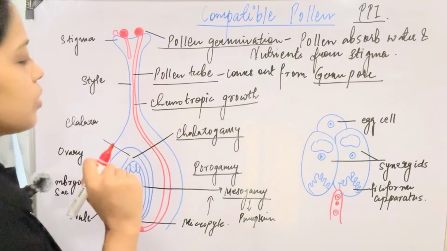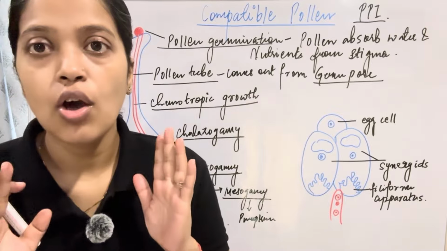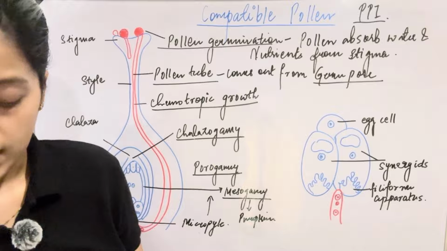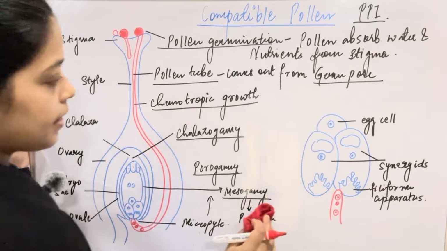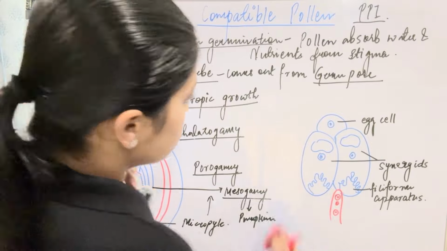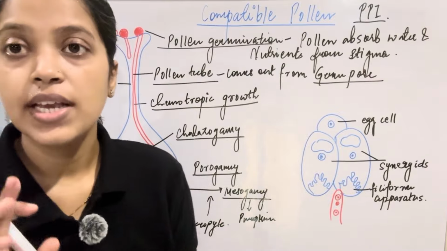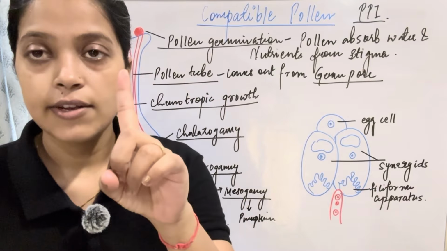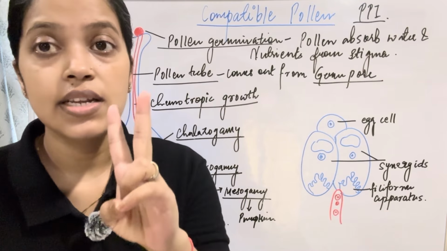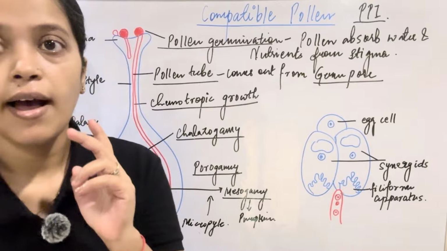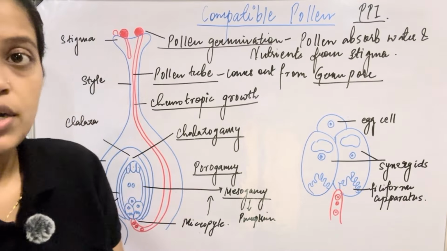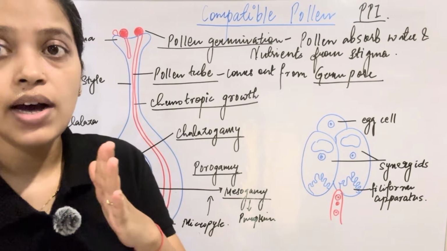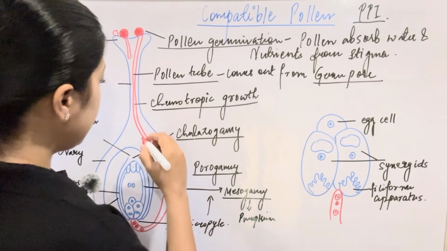I told you that in the majority of angiosperms, that is 60%, the pollen grains are shed at the two-celled stage. That means there is a vegetative nucleus and a generative nucleus. When the pollen tube is within the style, the generative nucleus divides and forms the two male gametes.